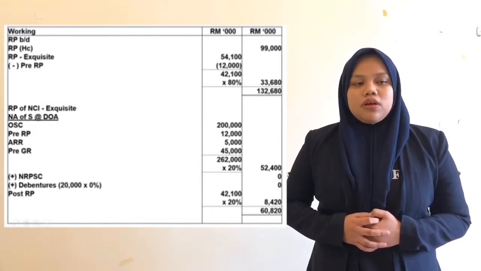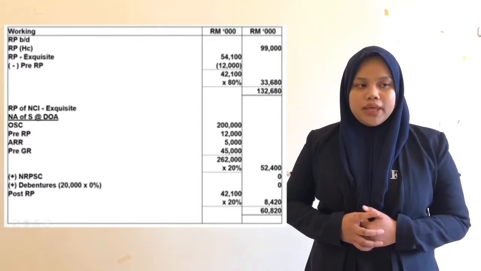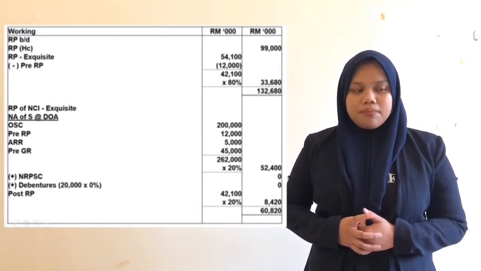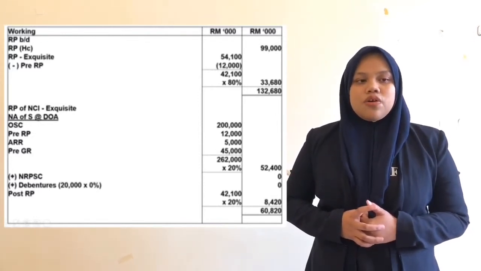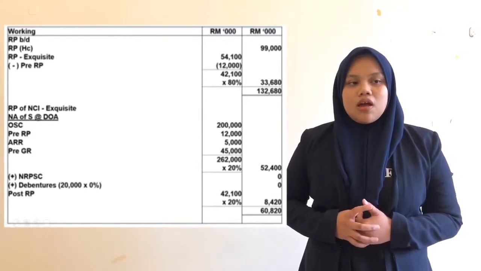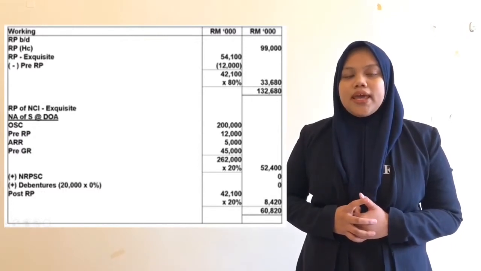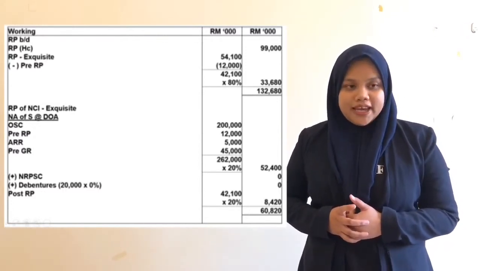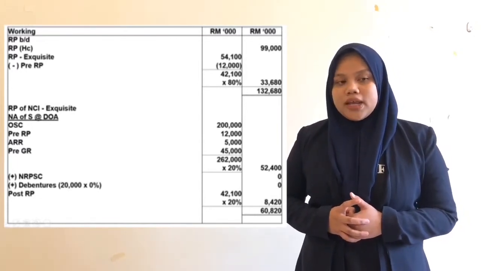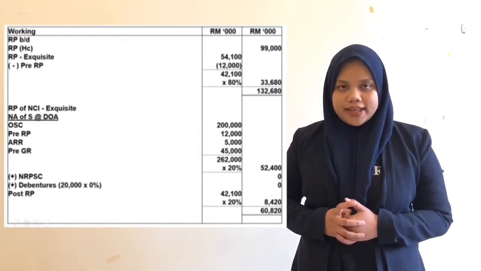Then we times the proportion for NCI, 20%, and then we get 52.4 million, plus non-redeemable preference share capital 0 and debentures also 0, and then we plus post-acquisition retained profit 42.1 million times 20%, and we get 8.42 million. Then 52.4 million plus the post-acquisition retained profit 8.42 million. Then the total balance b/d for NCI is 60.82 million.